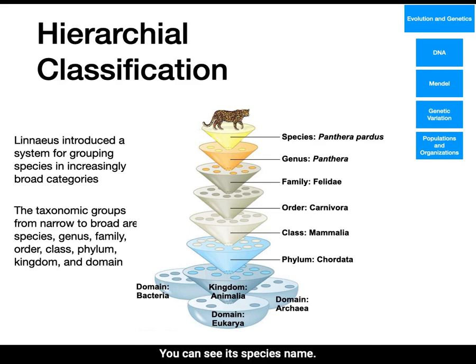You can see its species name, and then if we get a little broader, we can look at the genus, and even broader is the family, and even broader is the order, and then the class, and then the phylum, and then the kingdom, and then the domain. So if we go from the large scale down to the very specific, we would go domain, kingdom, phylum, class, order, family, genus, species.